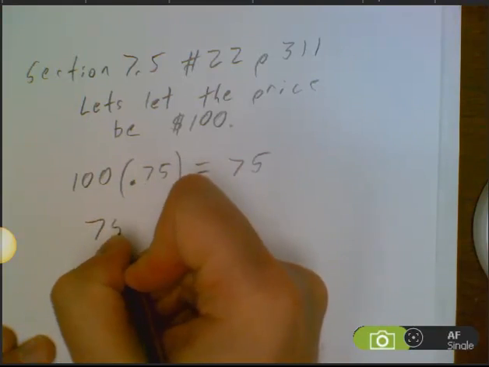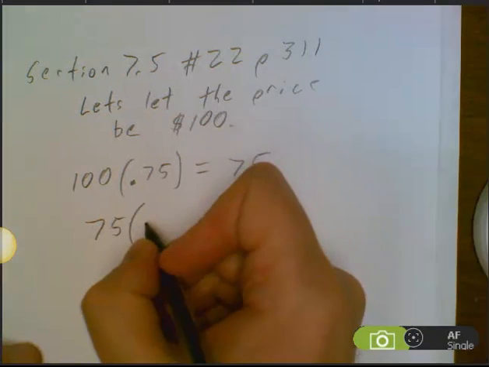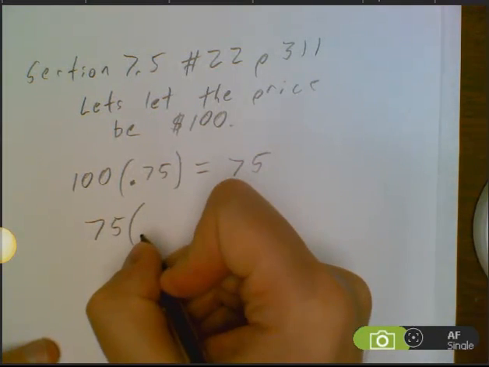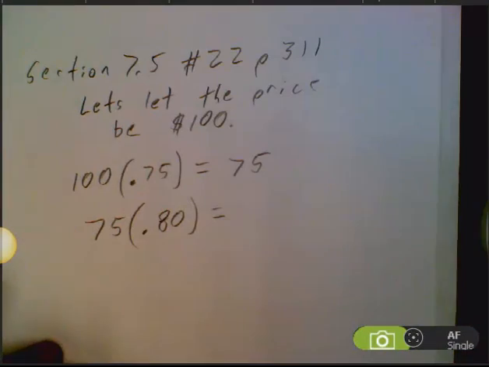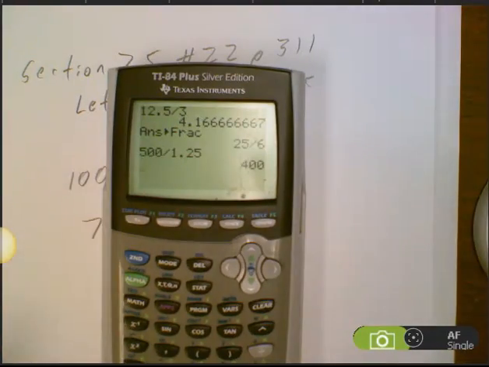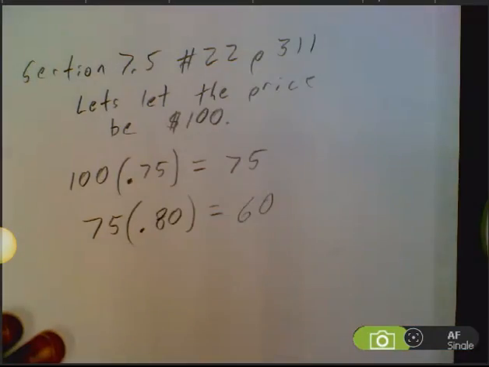Now we've got 20% off, but it's not 20% off 100. It's 20% off 75. So 20% off would mean we still pay 80%. And so 75 times 0.8, I should know how to do this without a calculator. That's okay. 75 times 0.8 is 60.